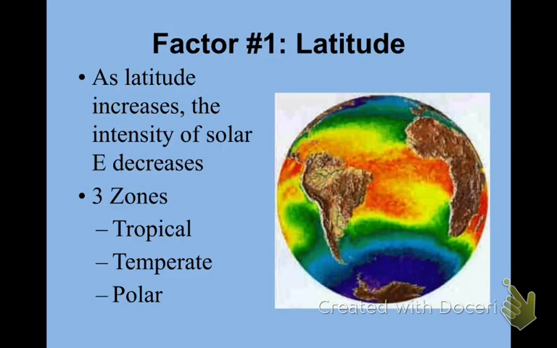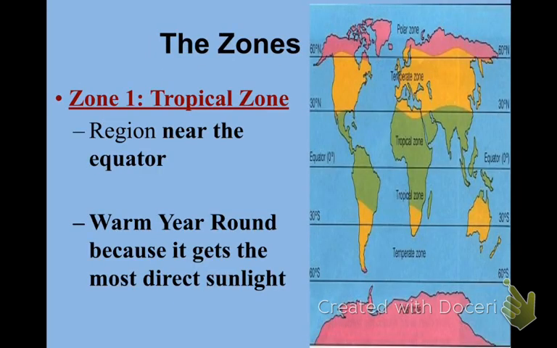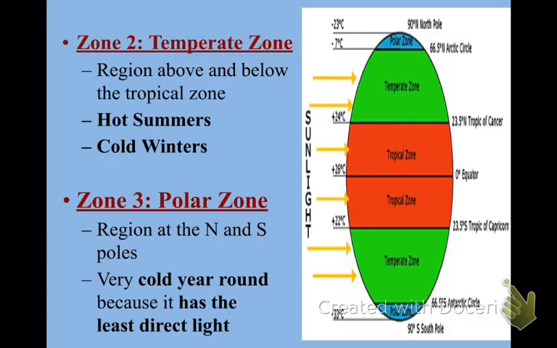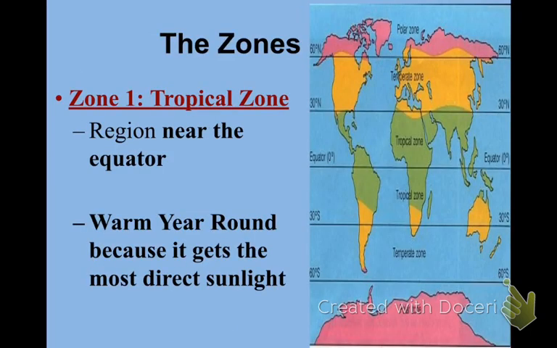So latitude creates the 3 zones. The first one, tropical zone, that's by your equator, and it's warm year-round, and that's because it gets the most direct sunlight. Your temperate zone has hot summers and cold winters. Remember, this is where we live. If we're looking at the temperate zone, I'll go back to this picture.